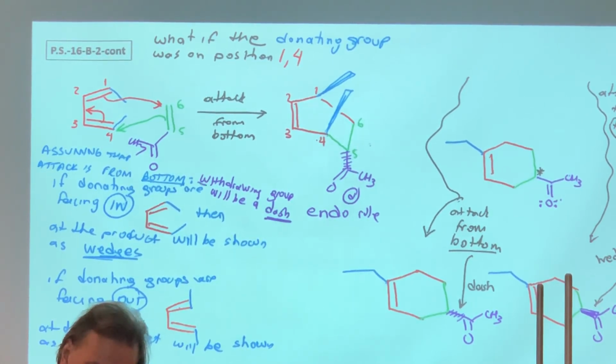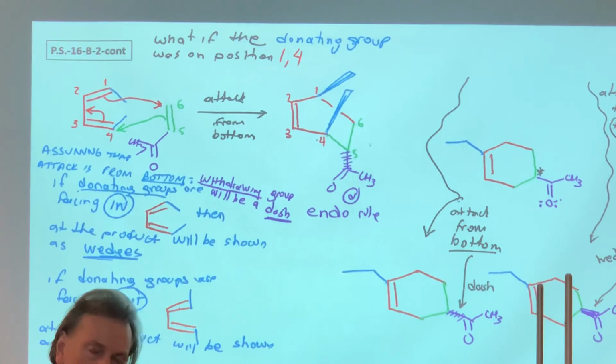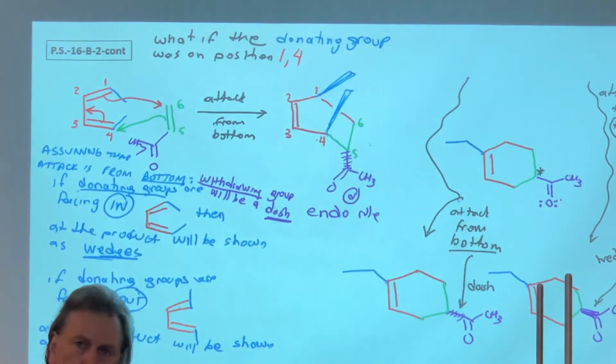Okay, so to put everything together, before you even talk about any of these things, you say, let's all agree, we're going to do attack from the bottom. So if you attack from the bottom, the purple electron withdrawing group will be a dash. Right? Bottom, electron withdrawing, dash. They go together, that's one phrase. Then, the donating group, if it's position 1 and 4, yes? That's Tuesday's problem, right?